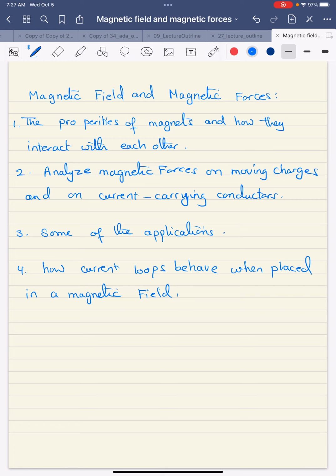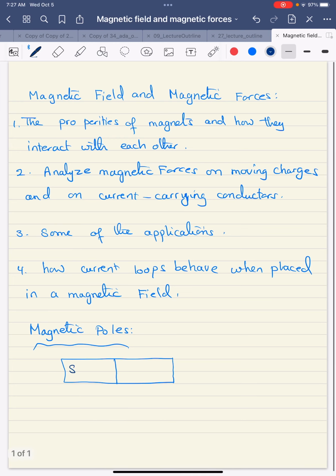Okay, the first thing we are going to talk about is magnetic properties, and the first thing is magnetic poles. We know that for every magnet, and maybe this is something that from early school you have access to, these type of bar magnets where we can say this is a south pole and this one is the North Pole.